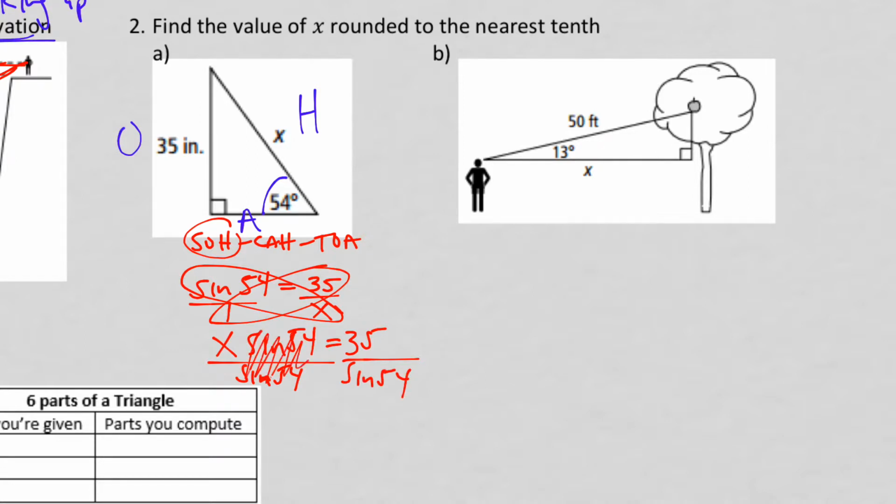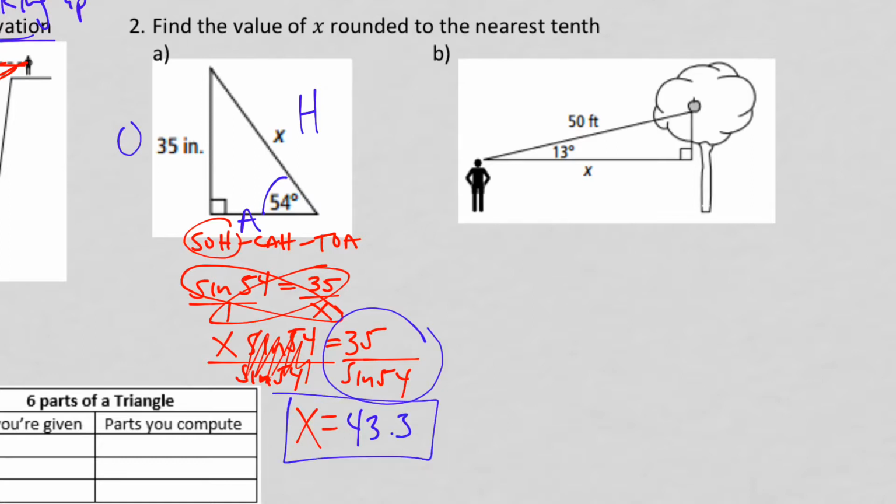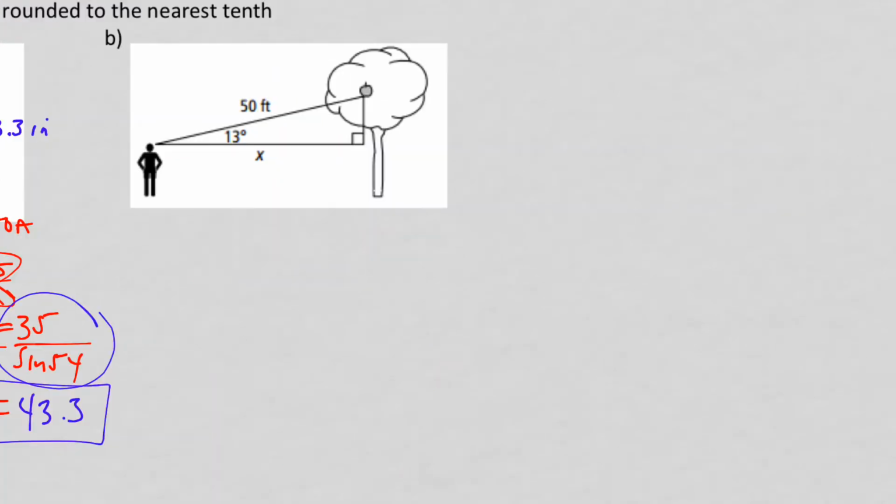This cancels, so x equals 35 divided by sine of 54, and with a calculator, I can just press that in. So it's approximately 43.3. To my nearest tenth, it's 43.3. So I found the hypotenuse here to be 43.3 inches.